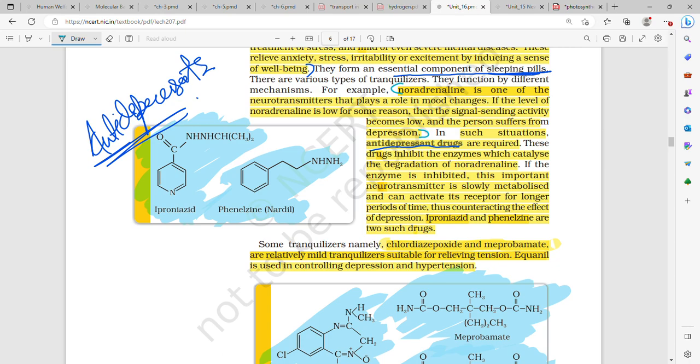The enzyme which is degrading it is inhibited, and because of this, the neurotransmitter is slowly metabolized and it can activate its receptor for longer periods of time, thus counteracting the effect of depression. Which antidepressants are these? They are iproniazid and phenelzine.